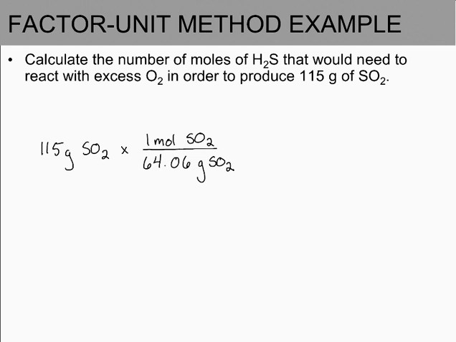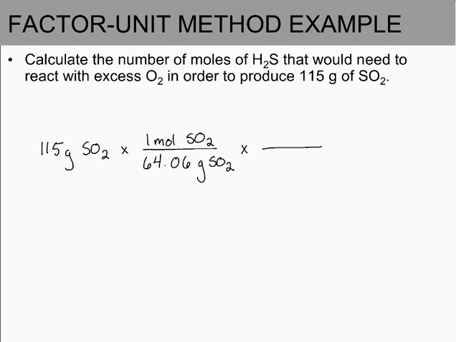And we could stop there and figure out how many moles of SO2 we have, and then carry that over into our second step. But I'm just going to write one long equation here because that will help me see the cancellation of units a little bit better.